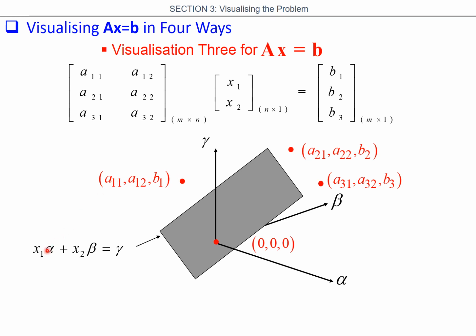So if it picks up that point, you're going to get x1 a11 plus x2 a12 equals b1, which of course is just the first equation: a11 x1 plus a12 x2 equals b1. So if the left-hand side was equal to the right-hand side, that would manage to go through that point. Now we have enough degrees of freedom to swivel it around and pick up that point. We have 1 degree of freedom left, and we can move it again to pick up that point.